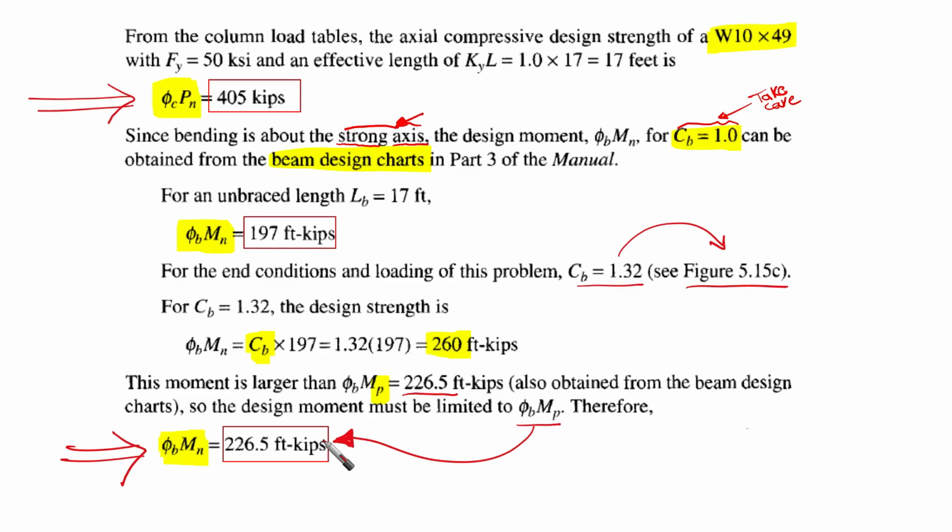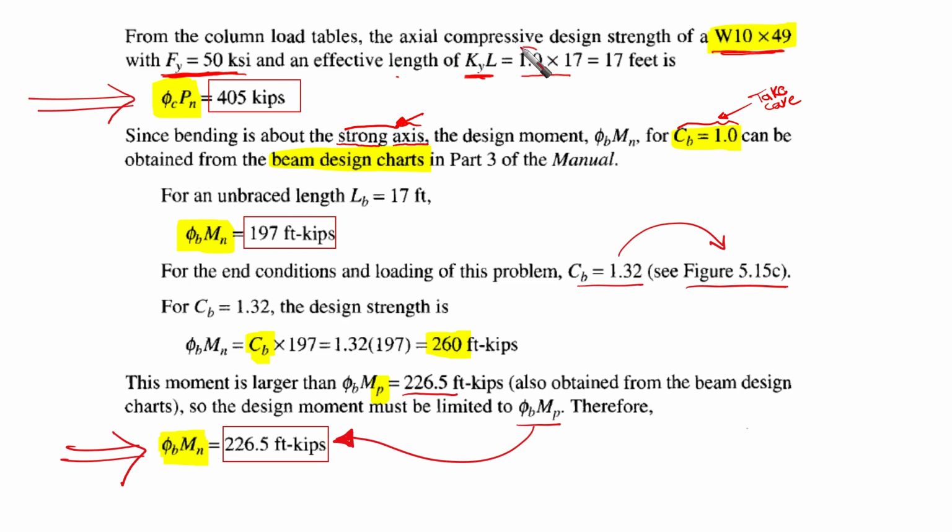Now let's go. The first thing is, from the column load tables, the axial compressive design strengths of the wide flange W10x49 with F yield 50 ksi. This is, as we said, from the type of steel that we are using, A992, and an effective length KyL equal to 17.